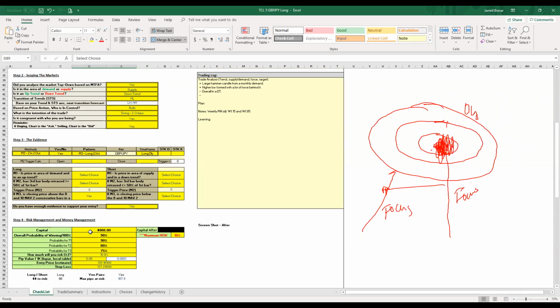It's not even doing anything. It's actually probably stagnant because it's on the daily. But the shorter time frame is vibrating, going up and down, going up and down. Then you tend to forget what the overall plan is.